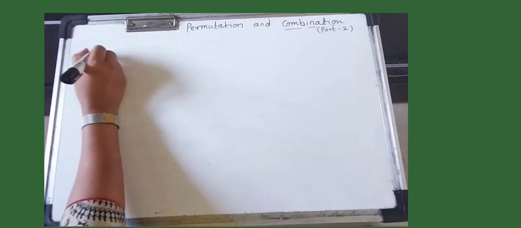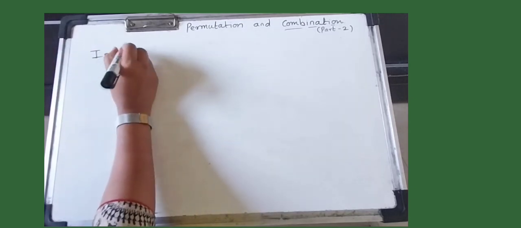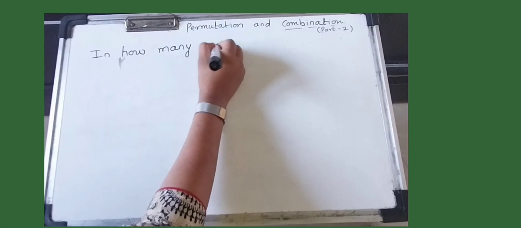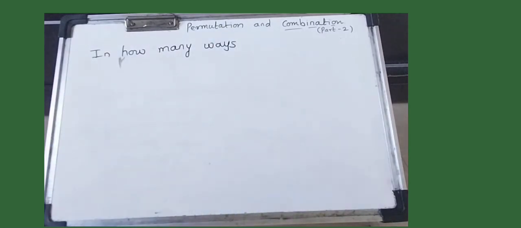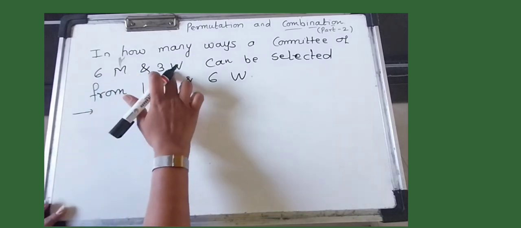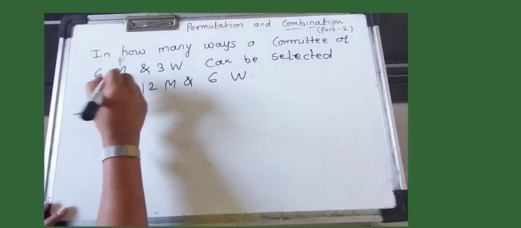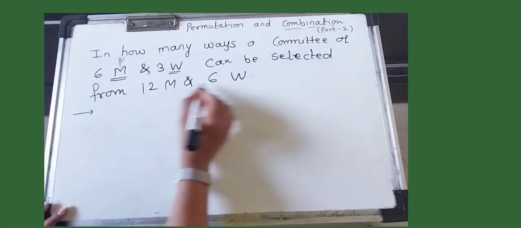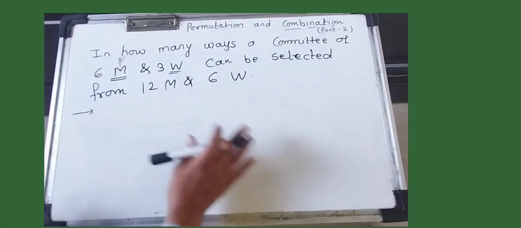Next question, many times asked in exams: in how many ways. See the question: in how many ways can a committee of 6 men and 3 women, I use shortcut here, M for men and W for women, be selected from 12 men and 6 women. Very simple question.